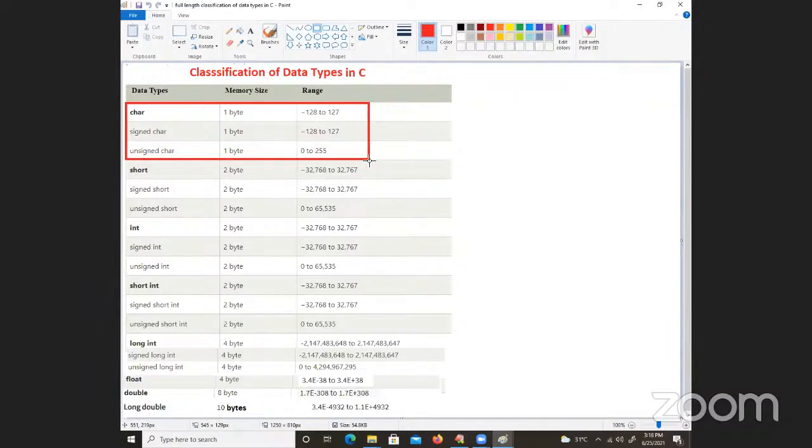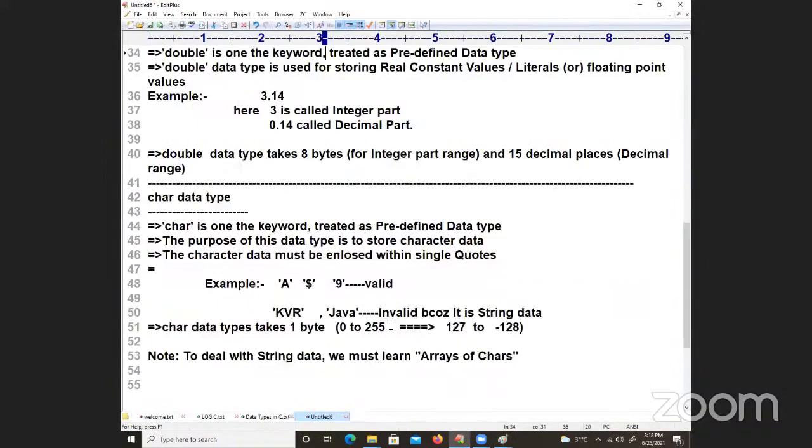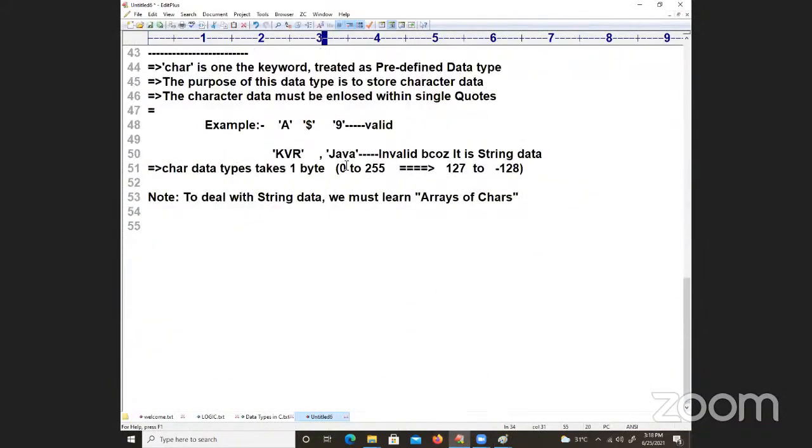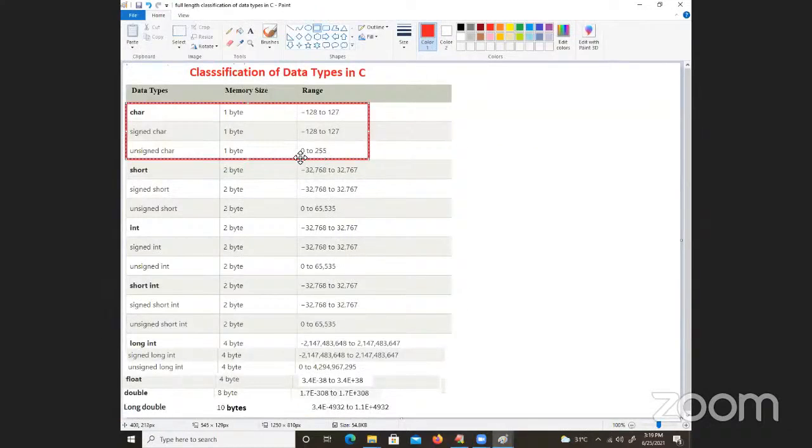Unsigned char is there, 1 byte, 0 to 255. Are you understanding the meaning of unsigned? Just now we said it also. Here you see 0 to 255 and minus 128 to 127. Is it okay for you?